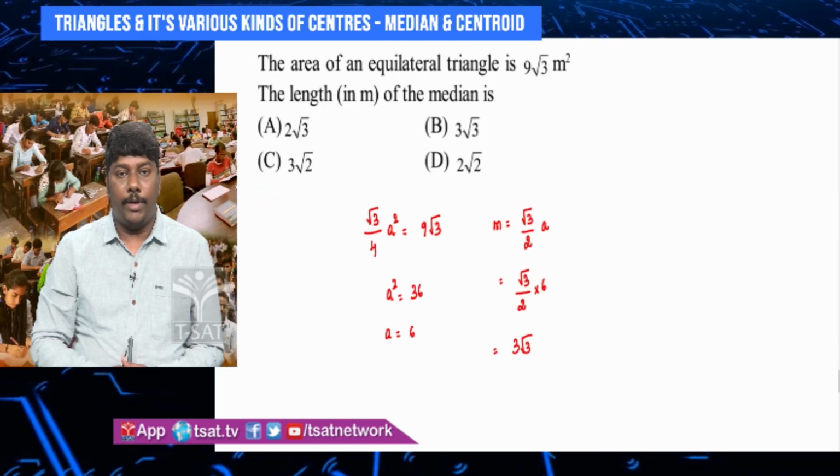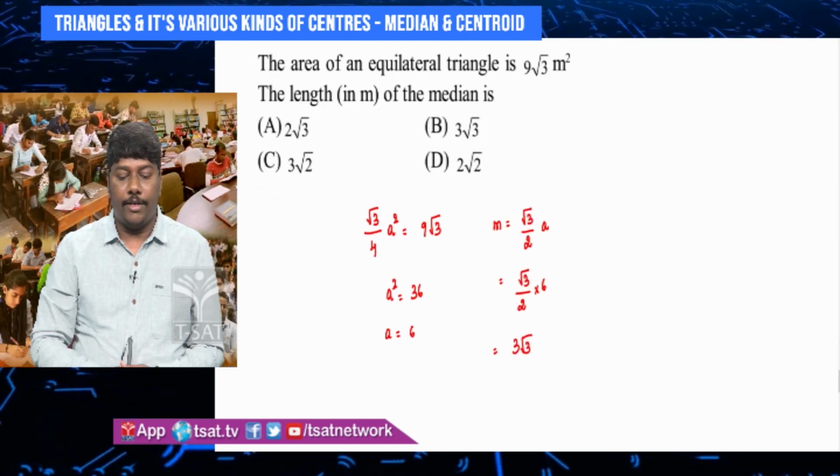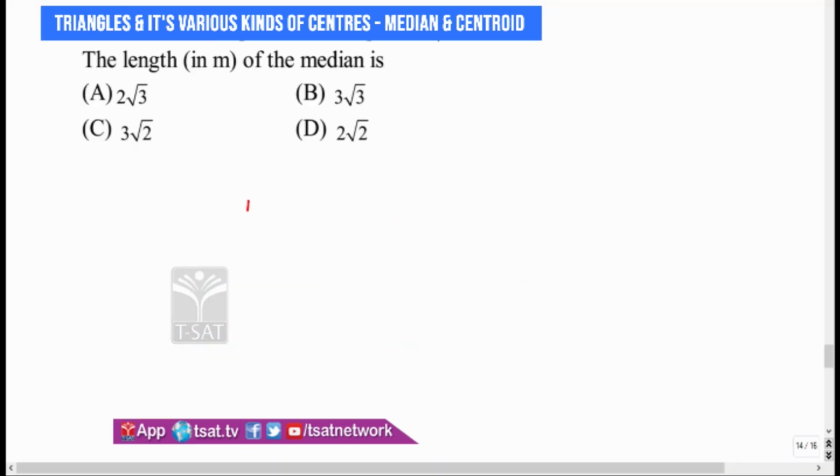This is one way of doing it, and the other way of doing it is area is equal to h square by √3, or else we can say area of an equilateral triangle is equal to median square by √3. So, area is given as 9√3 is equal to median square by √3.